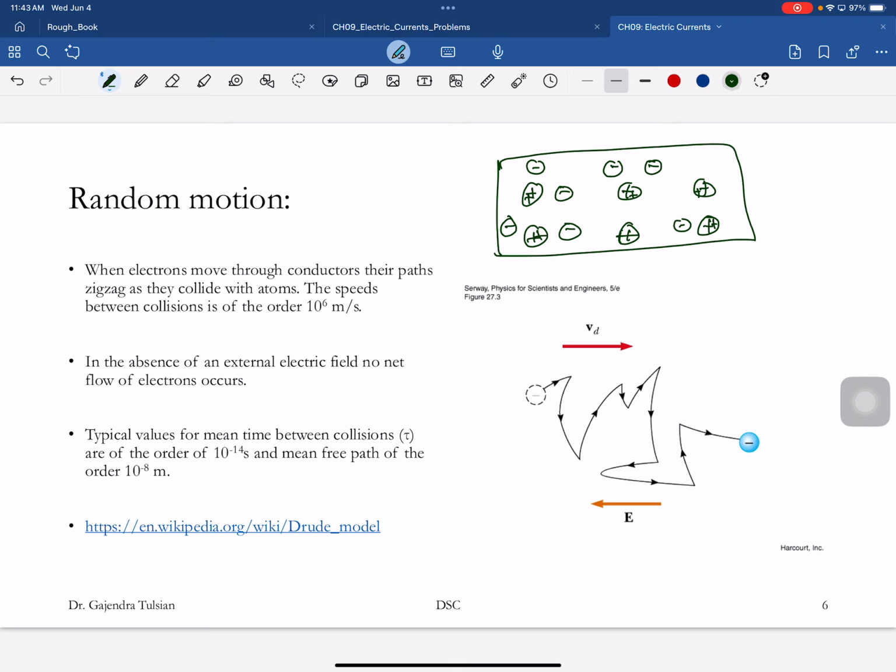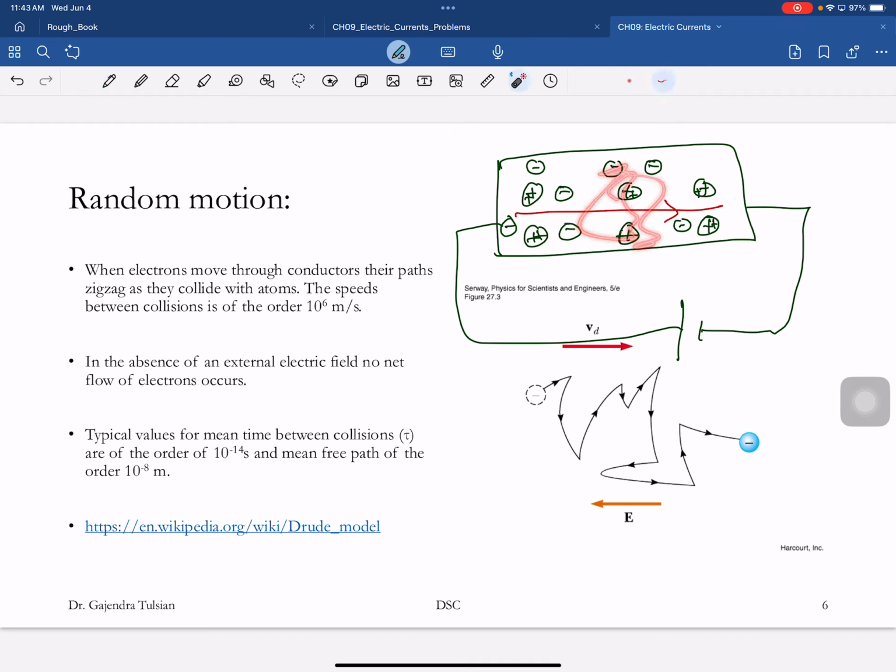Now, connect a battery to it. What does the battery do? It establishes an electric field. And so, on top of that random motion, these electrons acquire a drift velocity. Now, on the average, they're moving to the left. The drift velocity is about 1 millimeter a second.